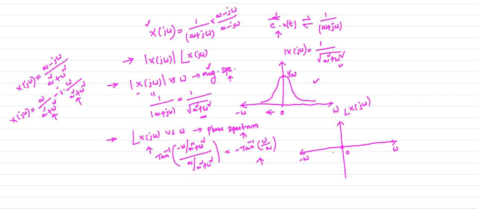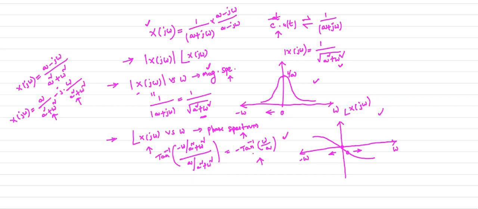And whenever omega increases in this direction, you should get the phase like this. This is your phase spectrum plot, a plot between phase and omega.